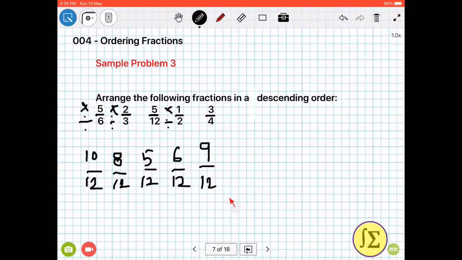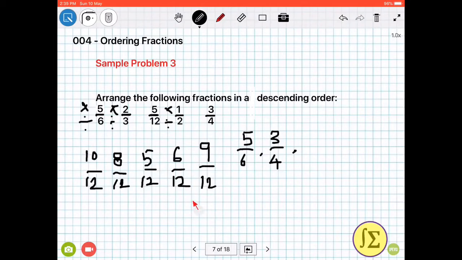Now we can compare easily because all the denominators are the same, and we're going to arrange them in descending order. That means from the largest to the smallest. We look at the numerator. The largest numerator is 10, so the largest fraction is 5 over 6. The second largest would be 9 over 12, that means 3 over 4.